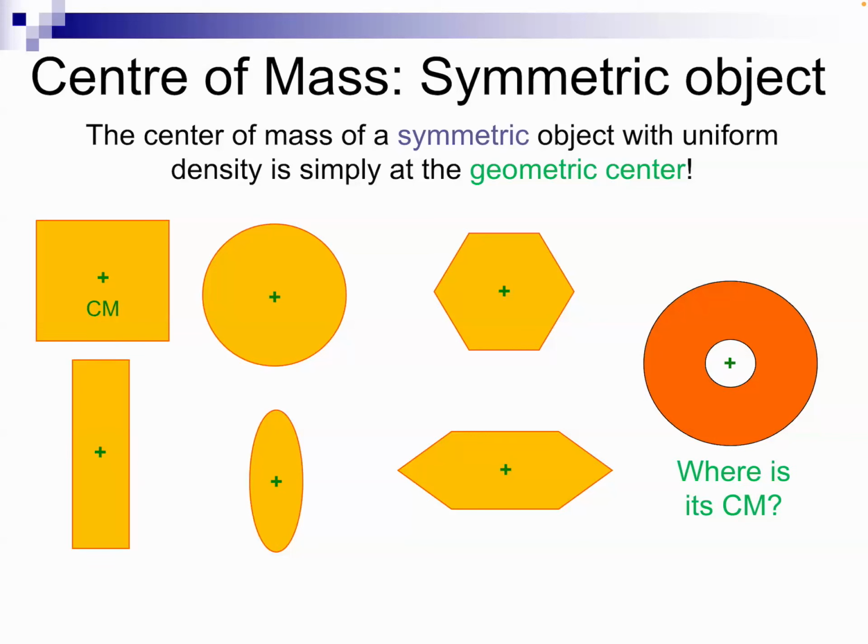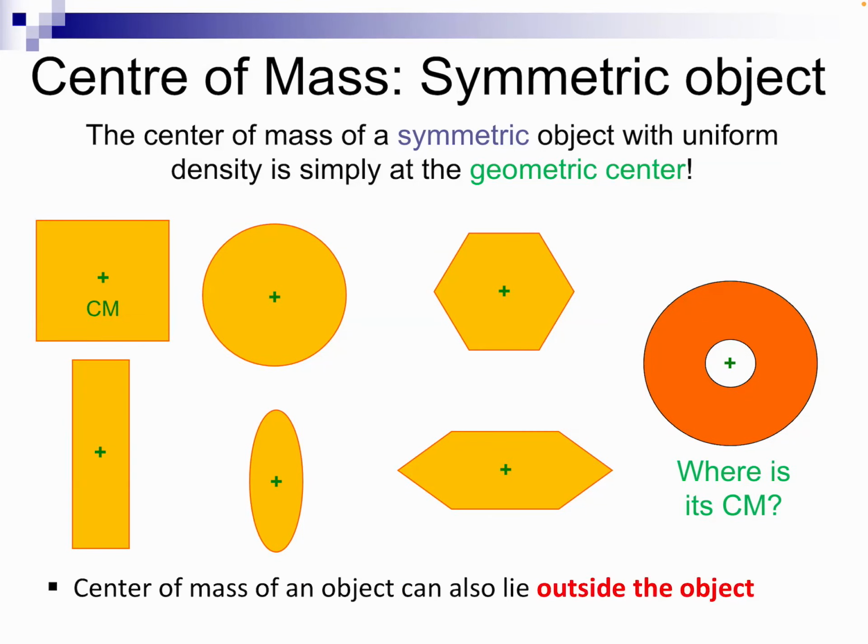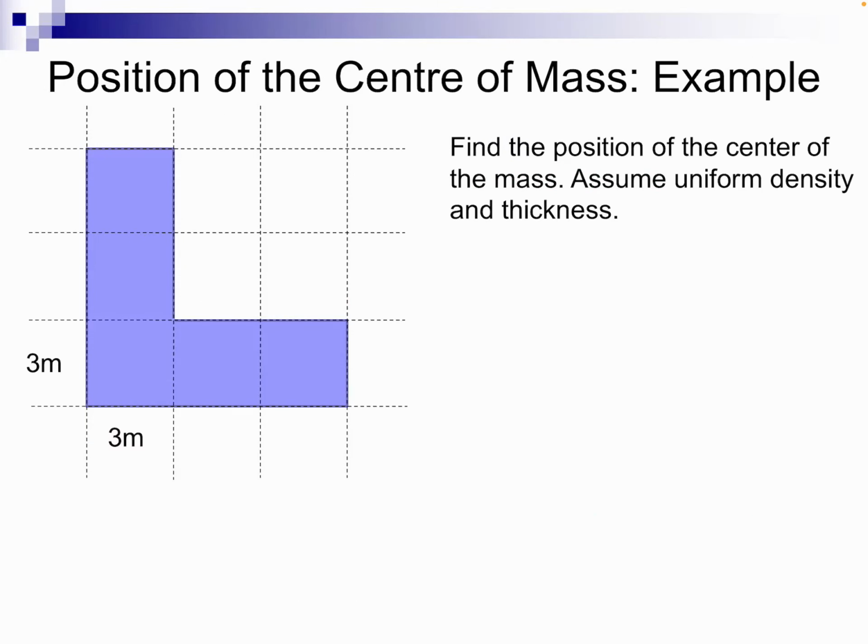So the center of mass will be at the center of the hole. So it is possible to have a center of mass that is outside of the object. So this is one example where the center of mass will be outside of the object.